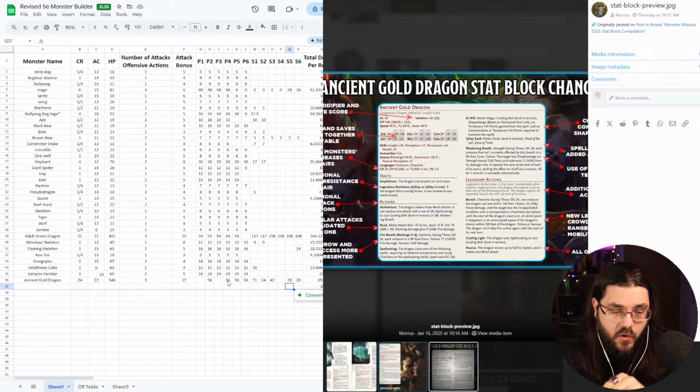Round 4, it would use... Round 3, it would use flame strike.